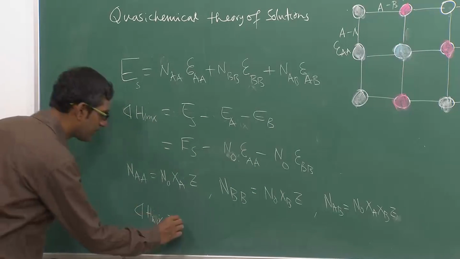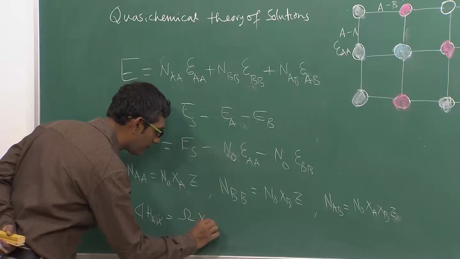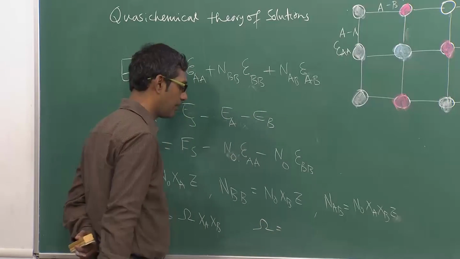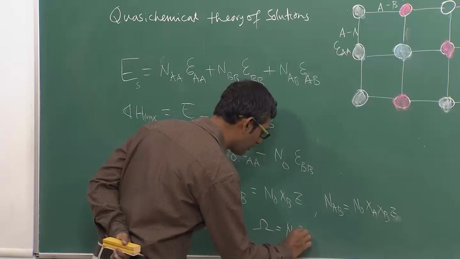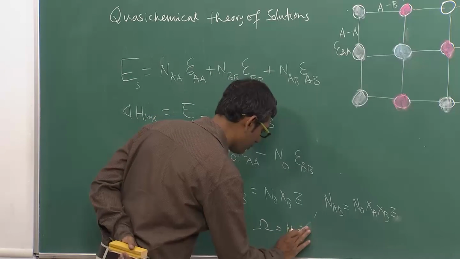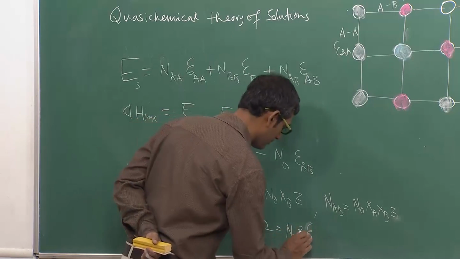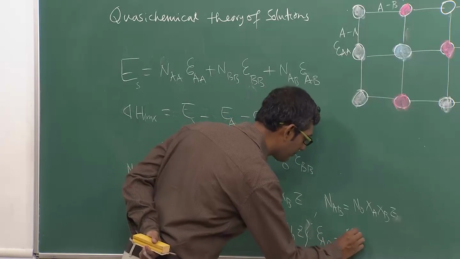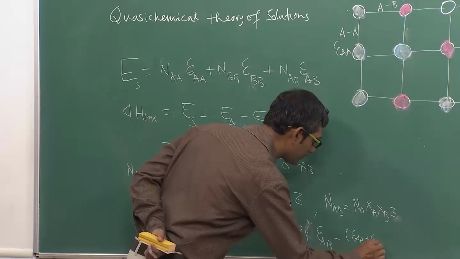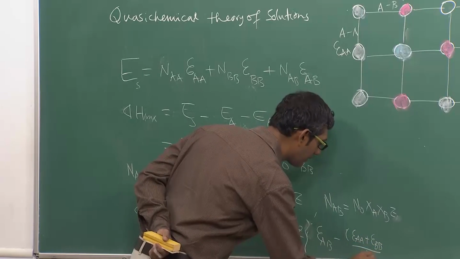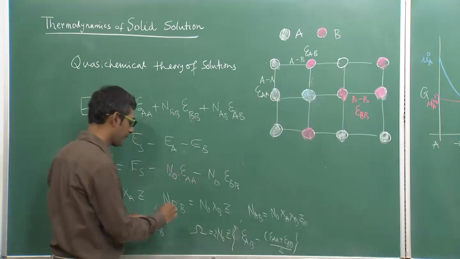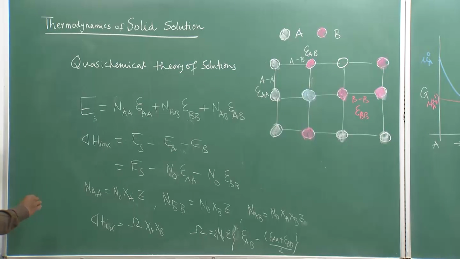What you will get is delta H mix equal to sigma XA multiplied by XB, where sigma has a value of N0 Z multiplied by epsilon AB minus (epsilon AA plus epsilon BB) by 2, and this will be multiplied by 2 normally, but many times this 2 is absorbed within sigma.